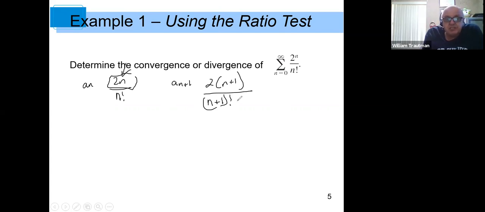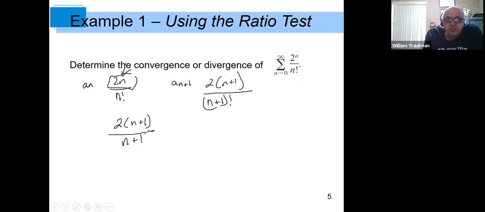So once again, we said we're going to divide this. If you remember, the A sub n plus 1 goes on top.